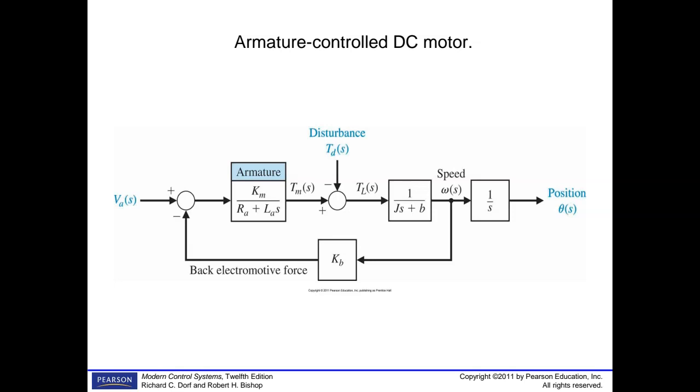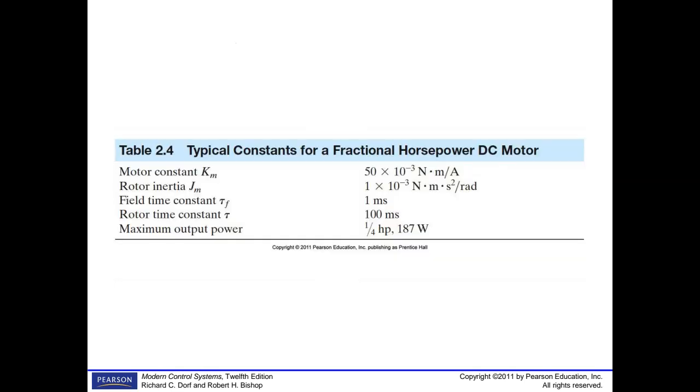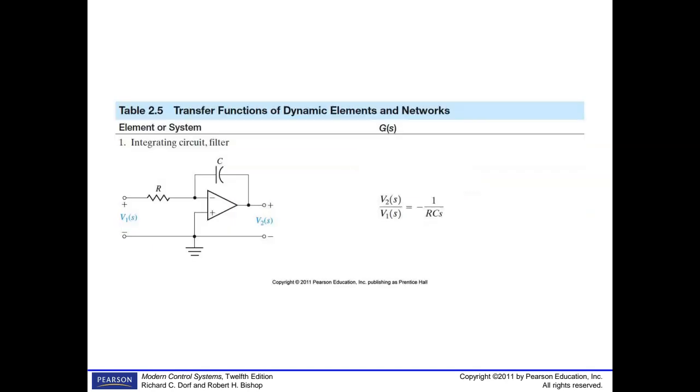Operational amplifiers are important, but you don't have to memorize those. Just the input-output relationship is the transfer function of the operational amplifier, and these are, for example, integrators. That one is derivation.